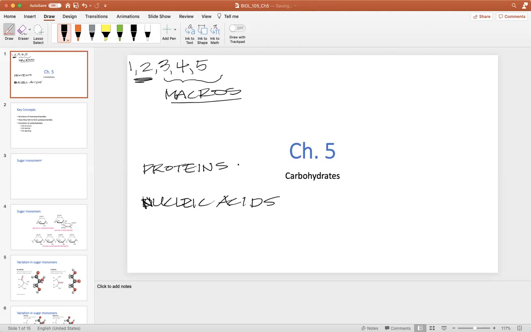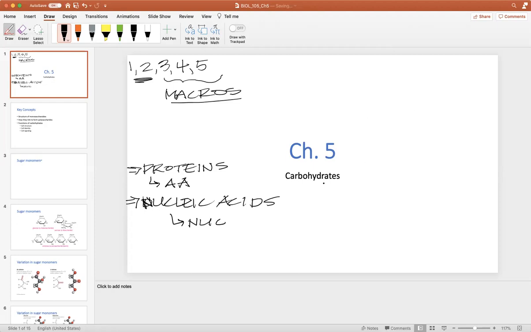And in each case, we determined that these macromolecules represented polymers, so large molecules made up of repeating individual units. And the monomers for each of these polymers were amino acids, if you're talking about proteins, and nucleotides, if you're talking about nucleic acids.